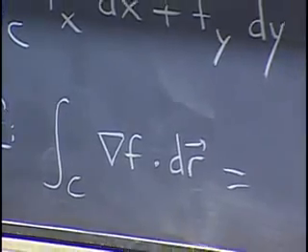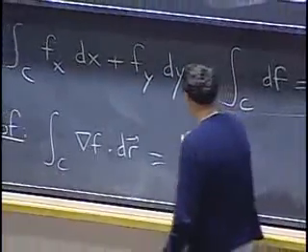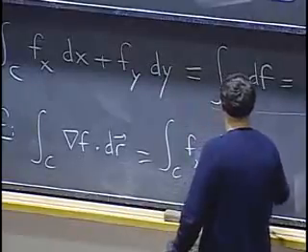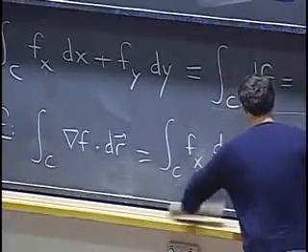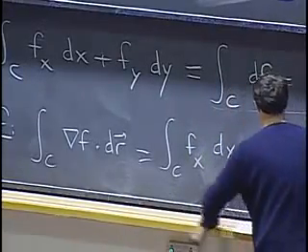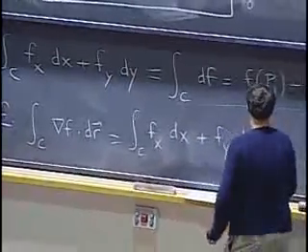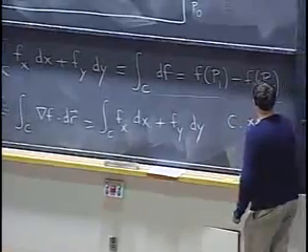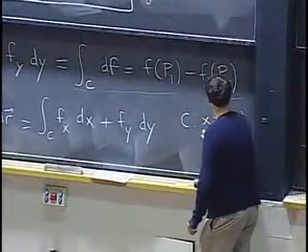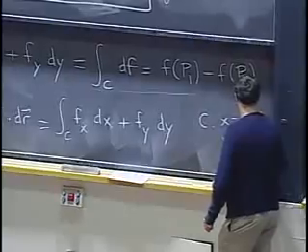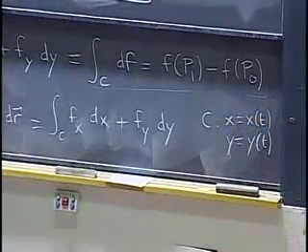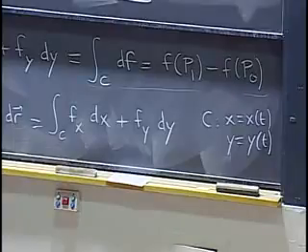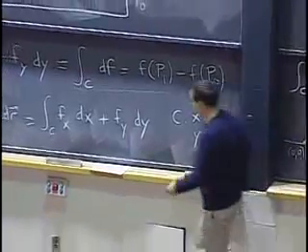Okay, so we know it's f sub x dx plus f sub y dy. And we'll want to parameterize C in the form x equals x of t, y equals y of t. So if we do that, then dx becomes x prime of t dt, dy becomes y prime of t dt.